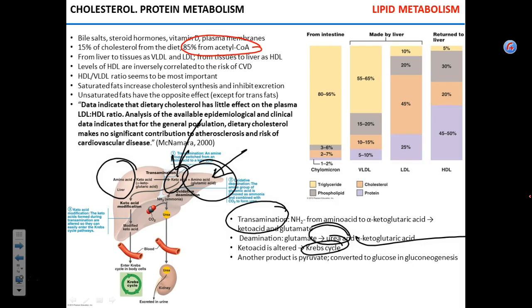Without even getting into the details, if only 15% of cholesterol comes from the diet, can you significantly alter your cholesterol levels by eating cholesterol-rich products?